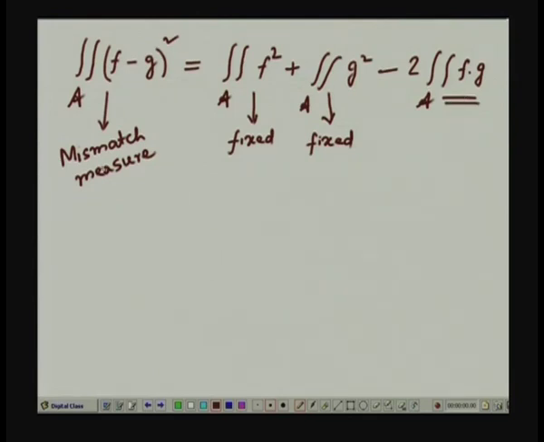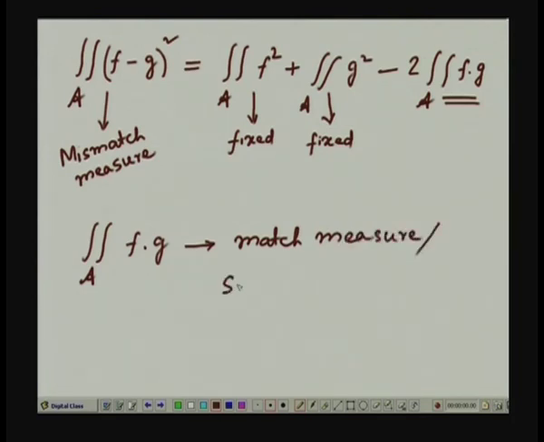So, whenever the mismatch measure is minimum, that will lead to f into g double integration over the region A being maximum. So, when f minus g square double integration is taken as the measure of mismatch, we can take the double integration f into g over the given region A to be the match measure or the similarity measure.